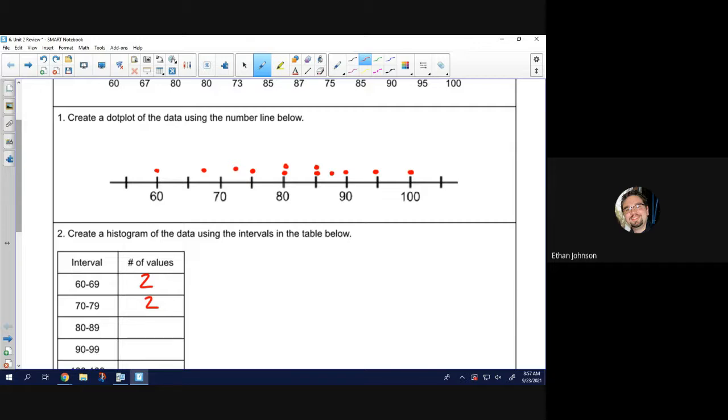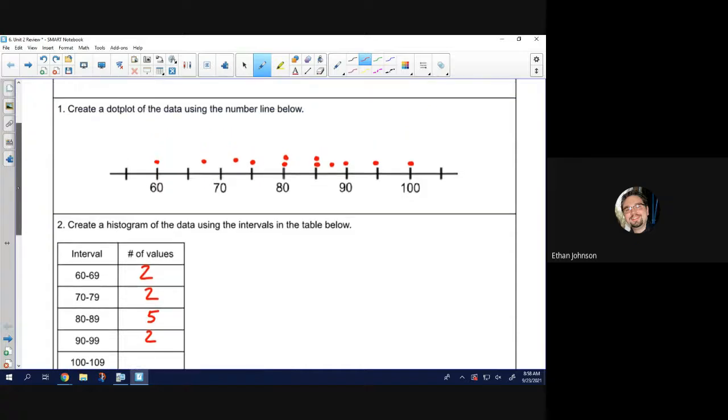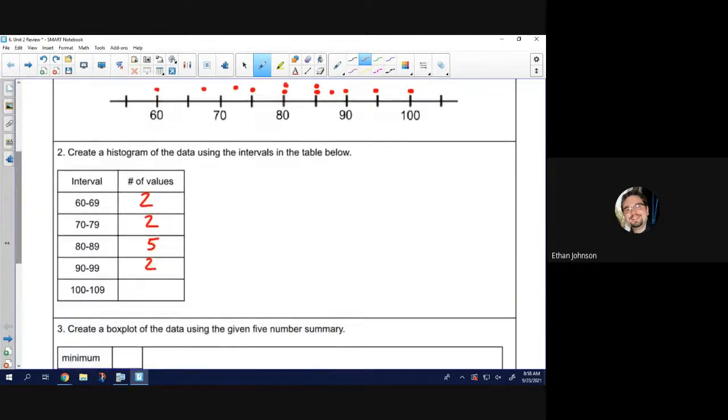See 80, 80, 85, 87, and 85 again. 90 to 99, we have 2, the 90 and 95. And then 100 to 109, we have 1, just the 100.